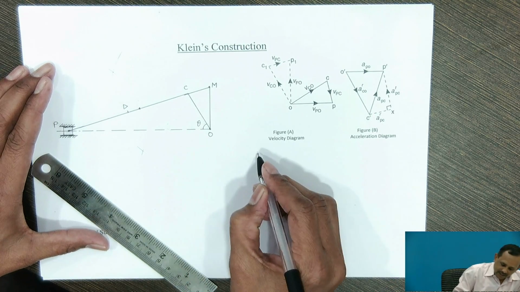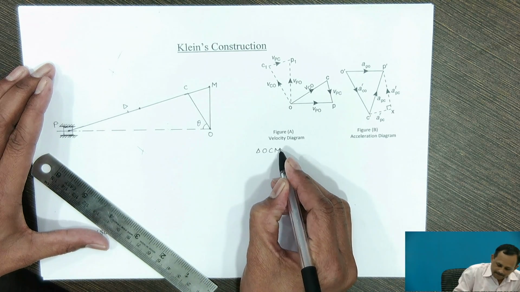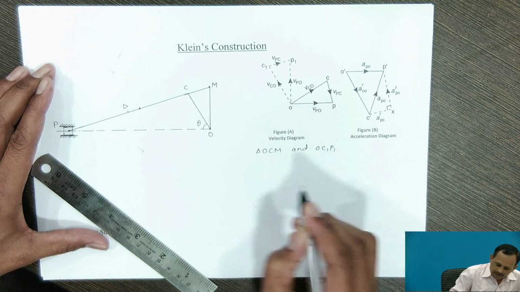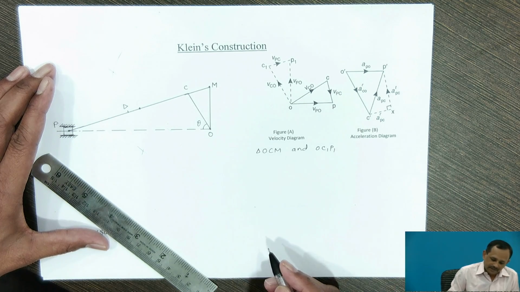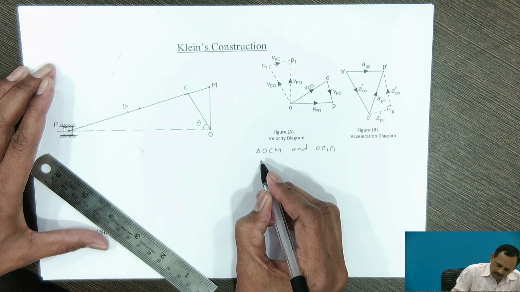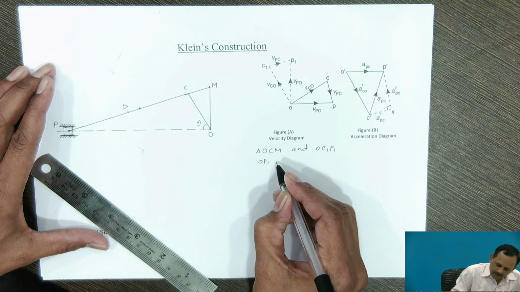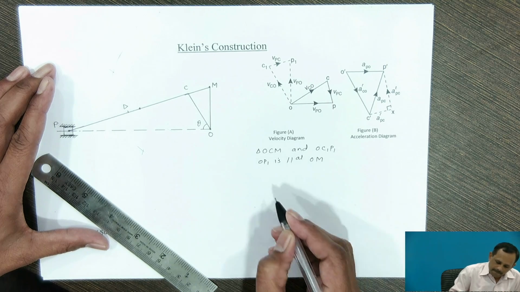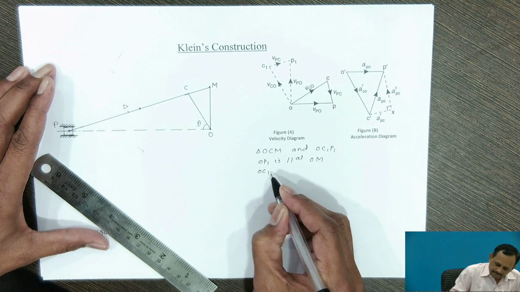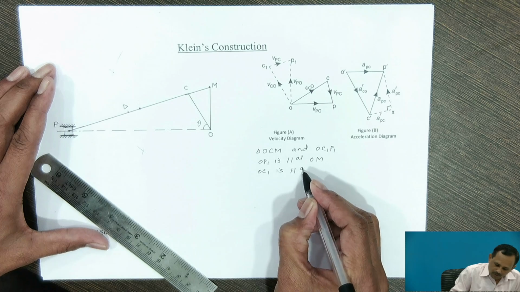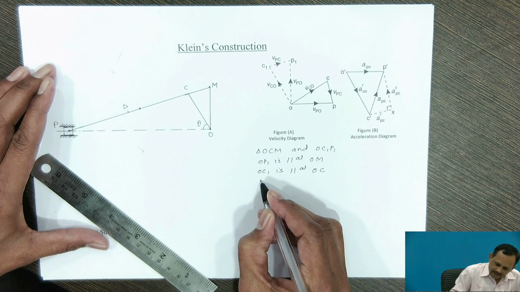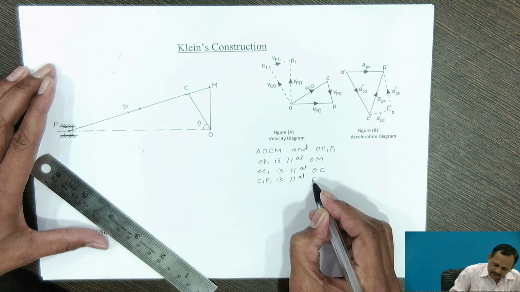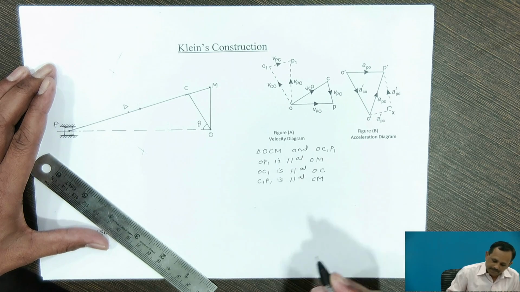Hence, triangle OCM and triangle OC1P1 are both similar. Therefore, vector OP1 is parallel to OM, vector OC1 is parallel to OC, and vector C1P1 is parallel to CM.